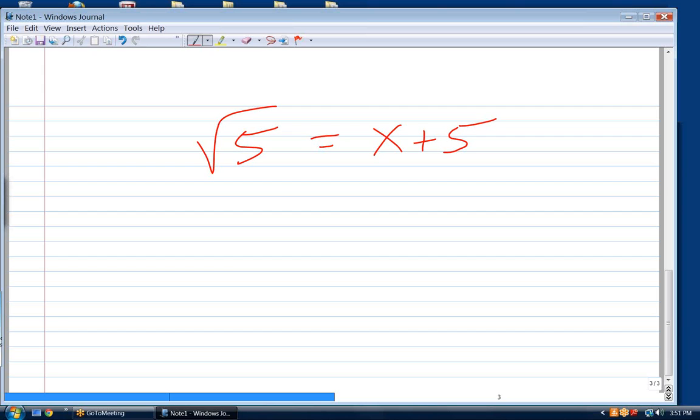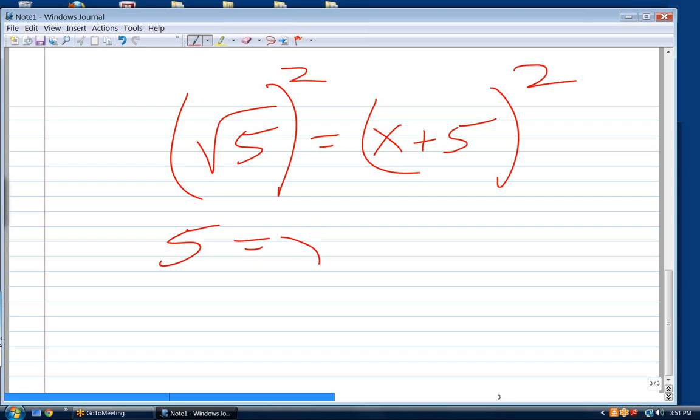The way we would do it is to square both sides. Okay? So you get 5 is equal to x squared plus 25.